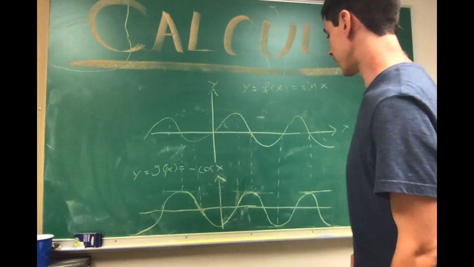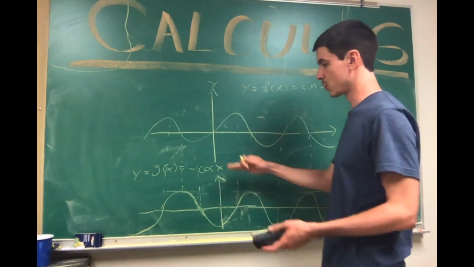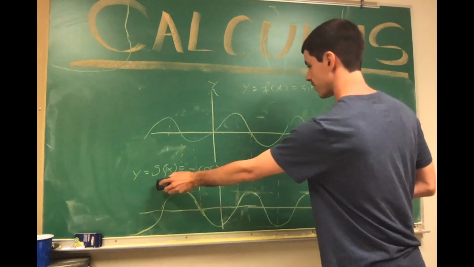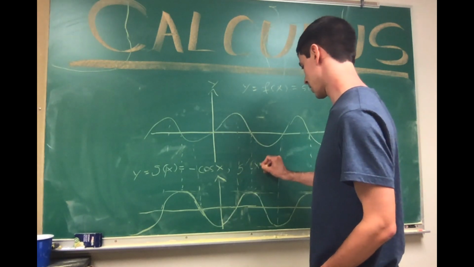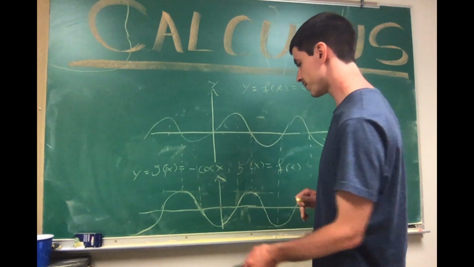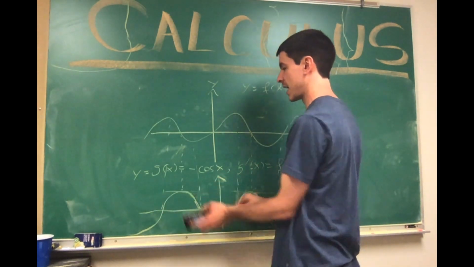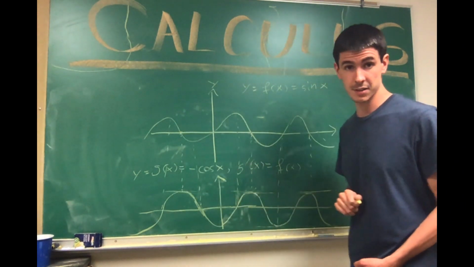So the antiderivative is going to be the function g of x, where we call g prime of x equals f of x. It's going to be the function that has the slope of its tangent line at a given point equal to the value of this function at this point.